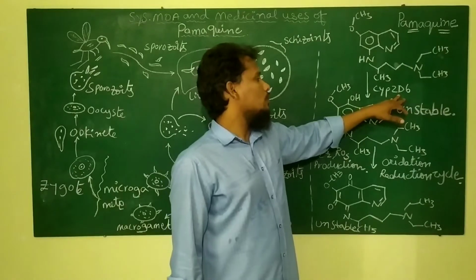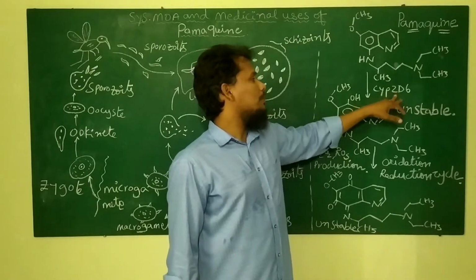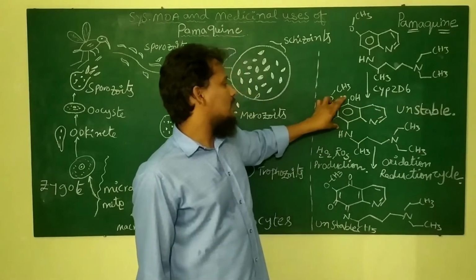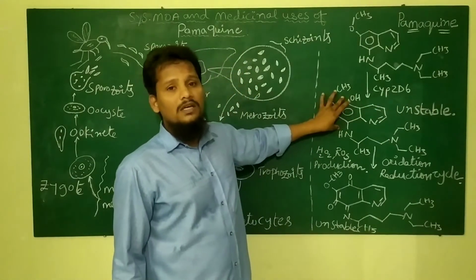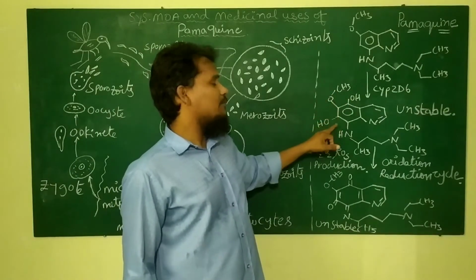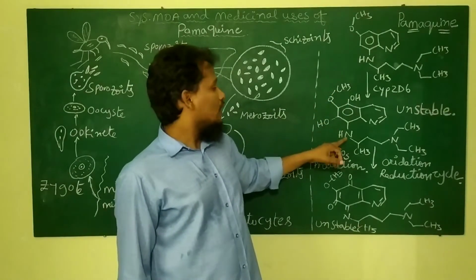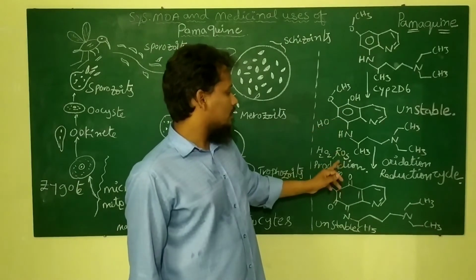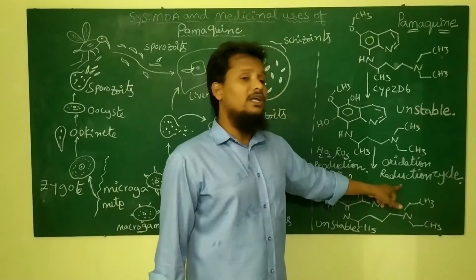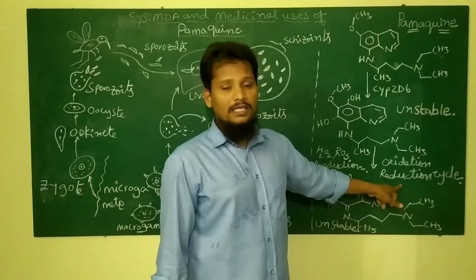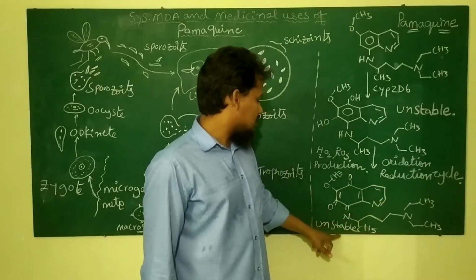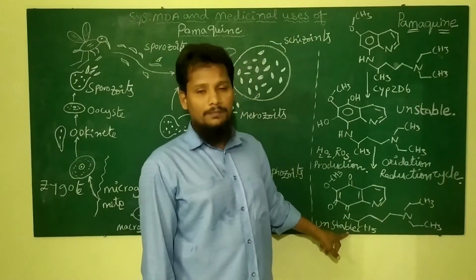Cytochrome P2D6 is an enzyme that hydroxylates pamaquine, means it adds a hydroxyl functional group to pamaquine at different positions. Now this hydroxylated pamaquine undergoes a sequential oxidation reduction cycle, and it produces an unstable pamaquine.